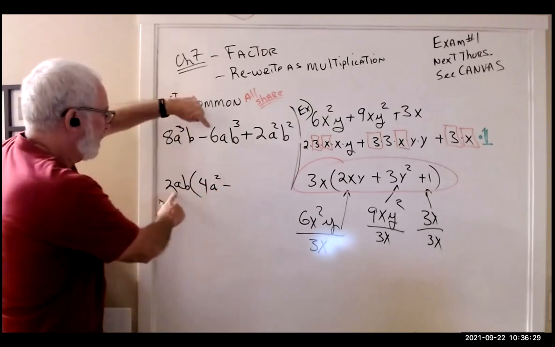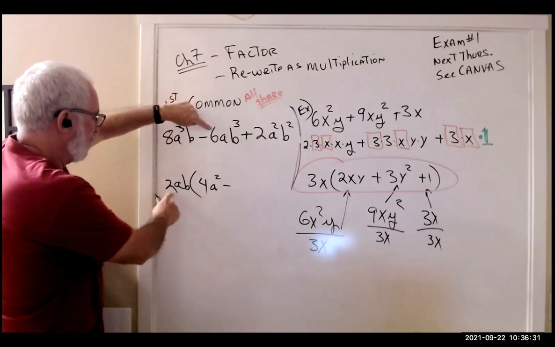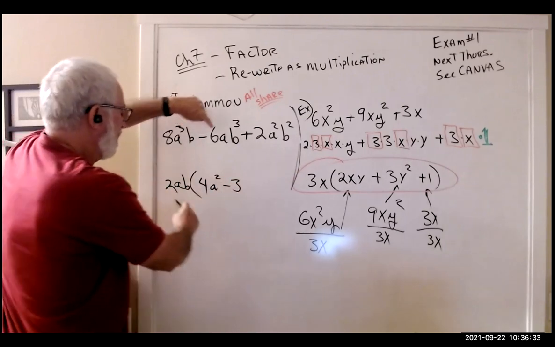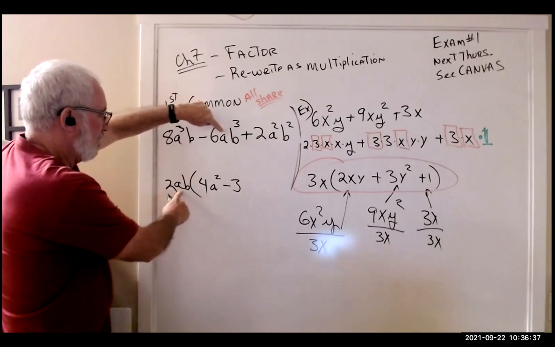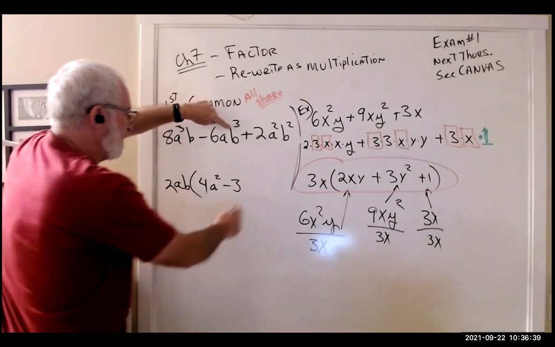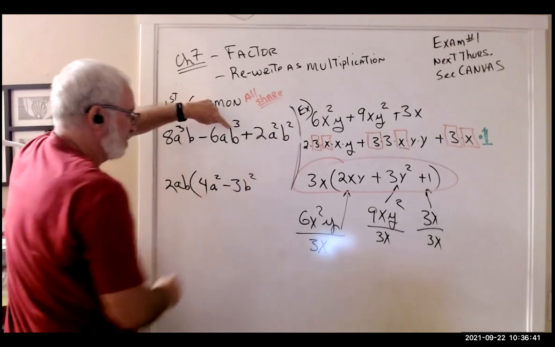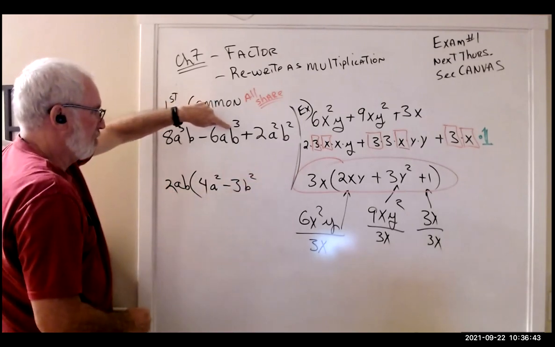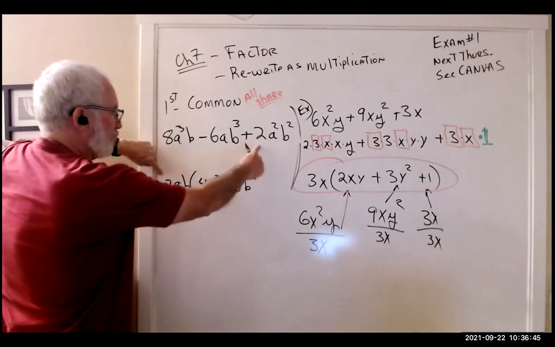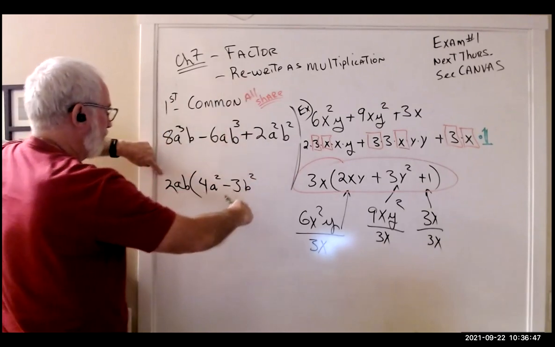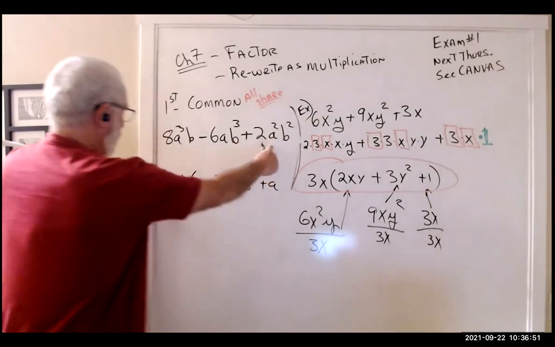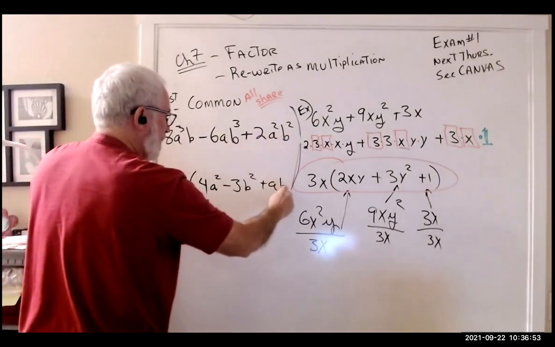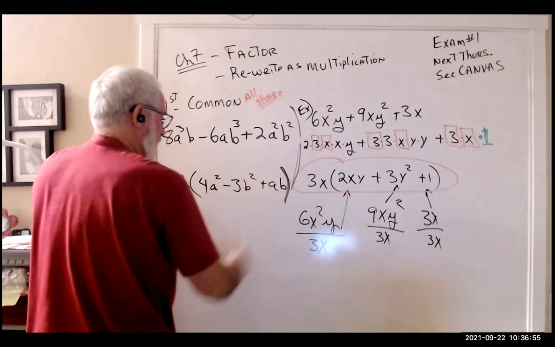Minus, start again, 6 divided by 2 is 3. Take out an a, no more a's. Take out a b, so I have b to the second. Took a 2 out, it's gone. Took an a out, so I have an a, 1a. I have a b, and that's my final answer.